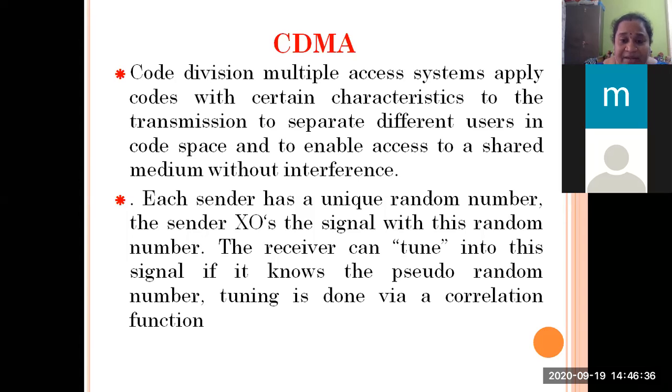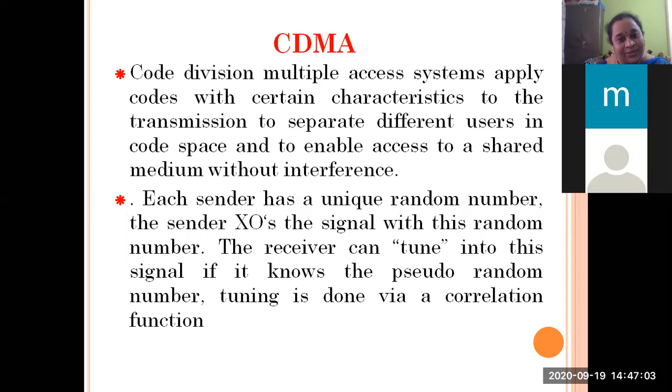Here, what happens is each sender will be given a unique random number, and the sender's random number will be XORed with the signal. The sender will be given a unique number, and that number will be XORed, that is, you do the exclusive OR operation with the signal value that you want to send.